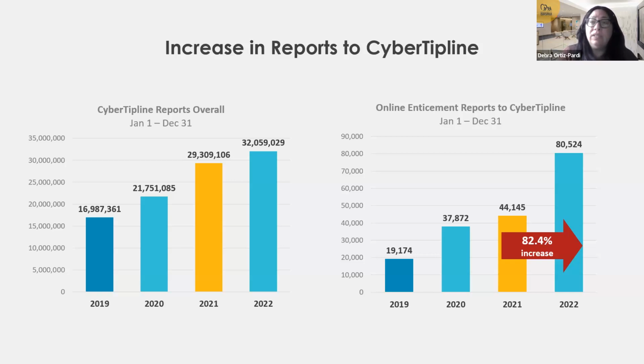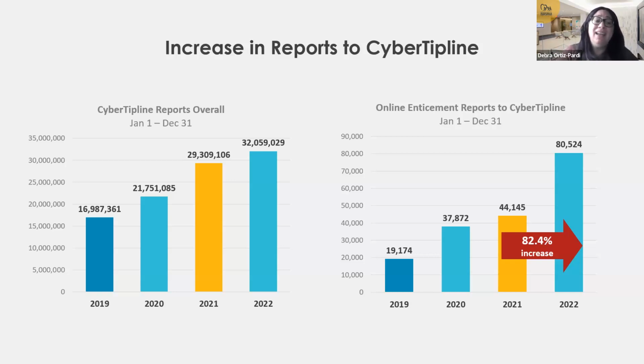So these two graphs really show again just how much reporting of online exploitation has increased over the years. Year 2020 was a record-breaking year with more than 21.7 million reports of suspected child sexual exploitation made to NCMEC. Up to that point, that marked our highest number of reports ever received in one year.